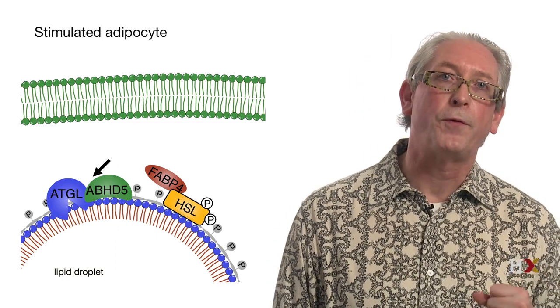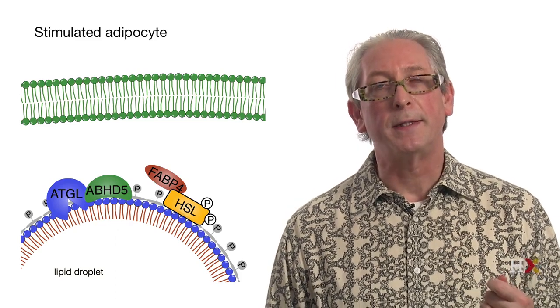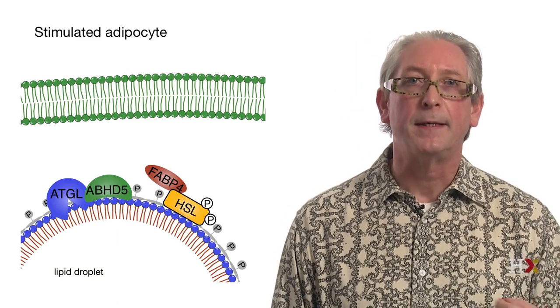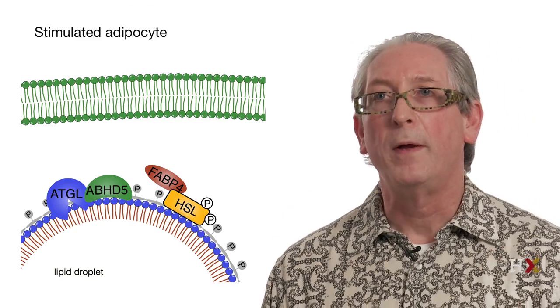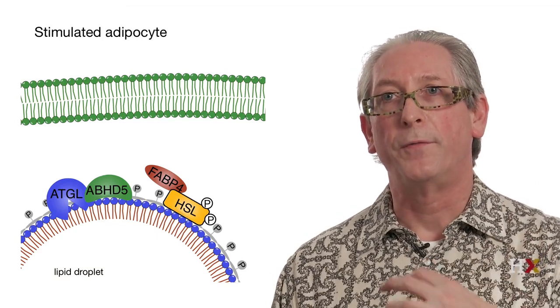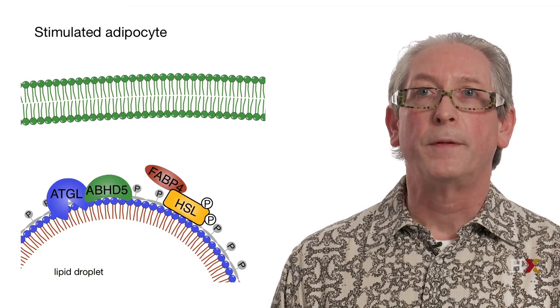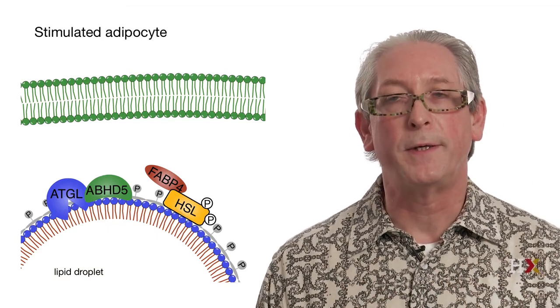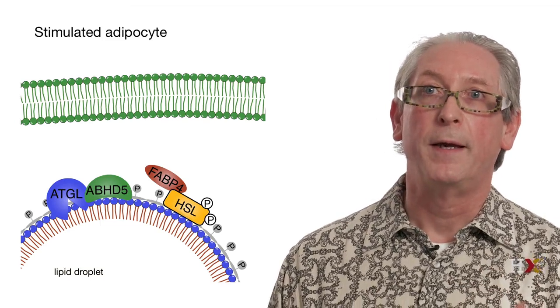Now, what about the phosphorylation of HSL? When HSL is phosphorylated, it becomes activated, and in complex with the protein FABP4, it will be recruited at the surface of the lipid droplet. So now we brought the first two enzymes in the lipolysis process in contact with their substrate.